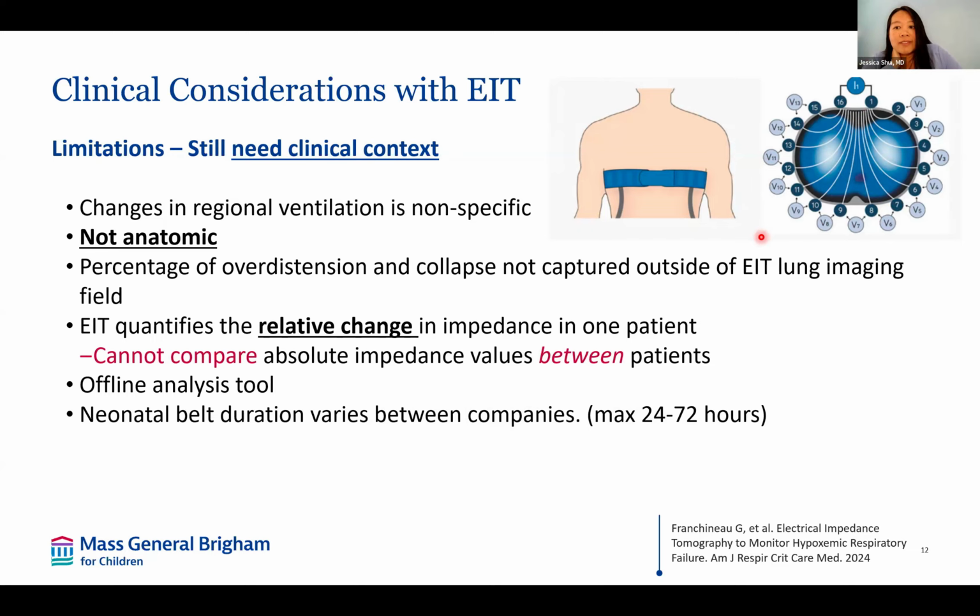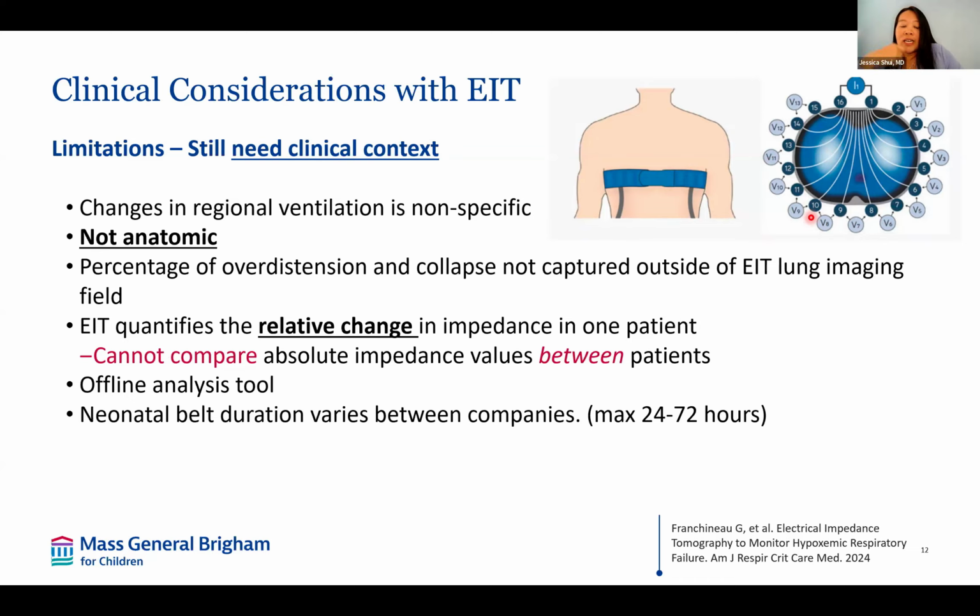It's just looking at right and left halves of the chest. And as you see, it takes an average of these quadrants. So it's not going to be specific to, for example, the right upper lung, or where there could be an area of atelectasis. So you'll have to take that into consideration.